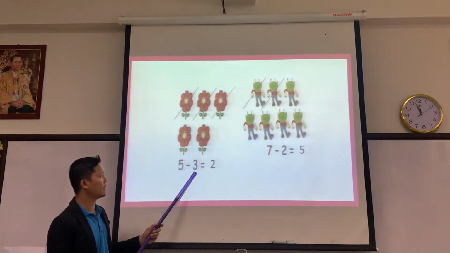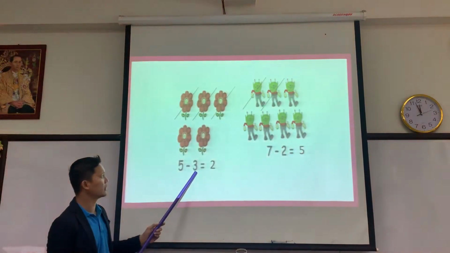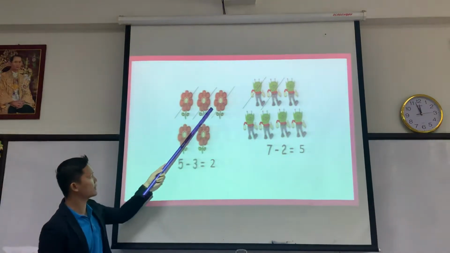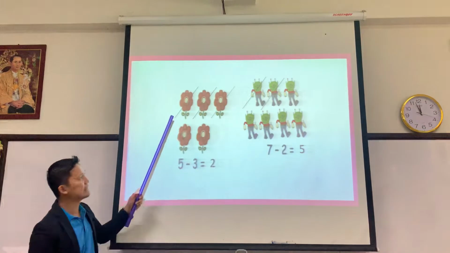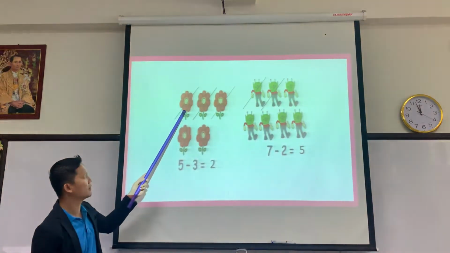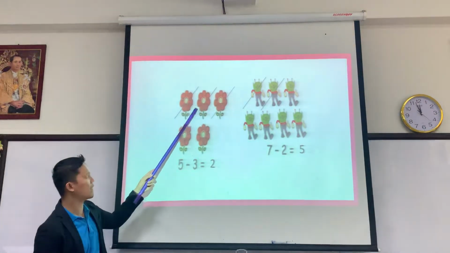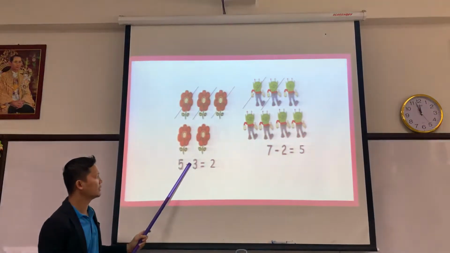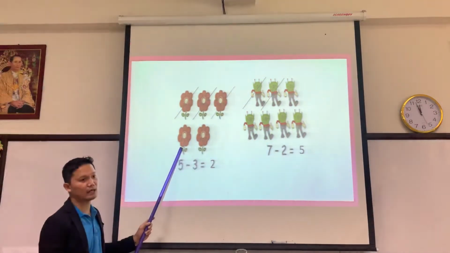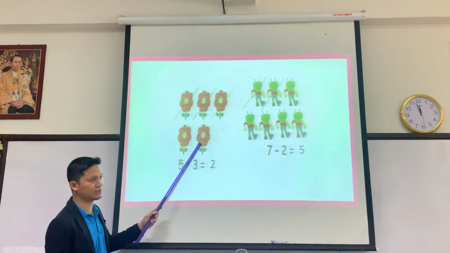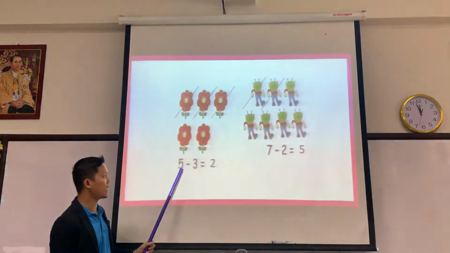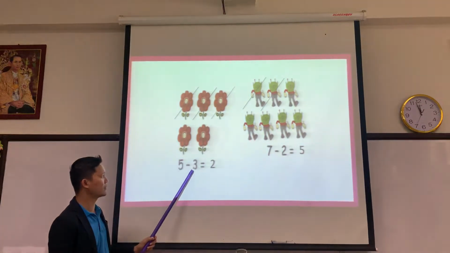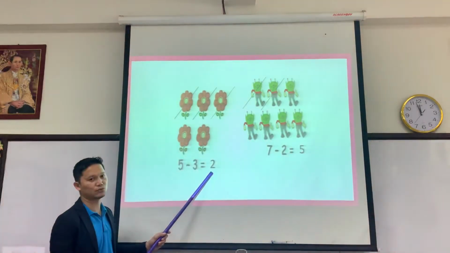If we take 3 flowers, the remaining flowers are 2. So we write 5 minus 3 equals 2.